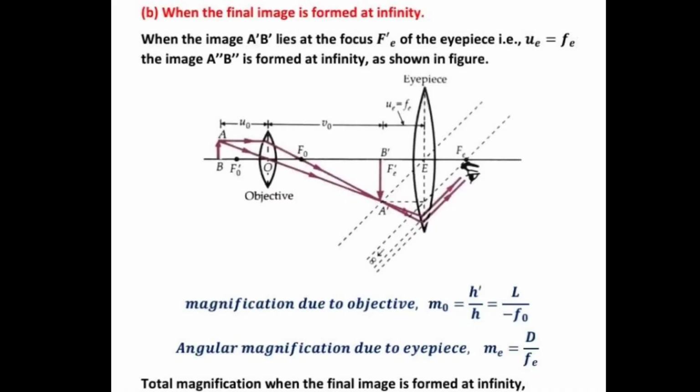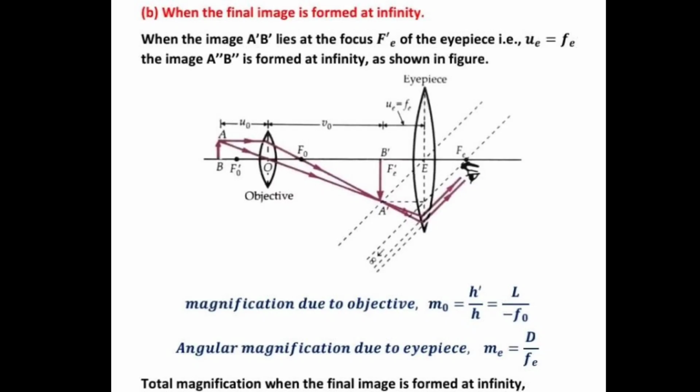Why do we replace the subscript e with an o? Because this is a magnification due to the objective, so we have to follow all the subscripts with the o that denotes the objective. And the angular magnification due to the eyepiece is given by the expression m_e, that is equal to D upon f_e. These expressions we already understood in the previous slides.